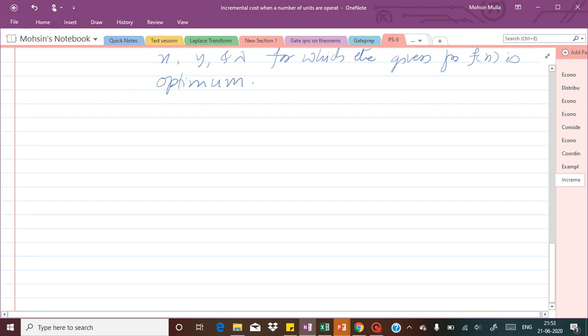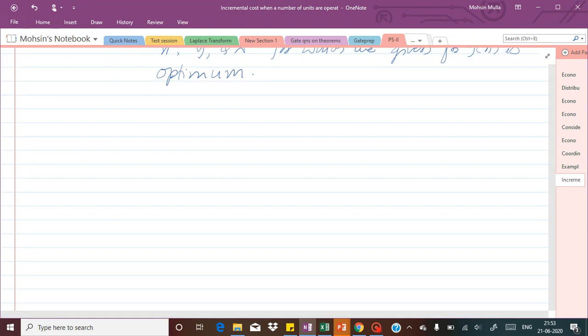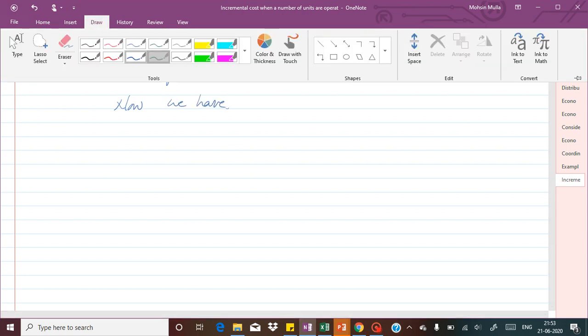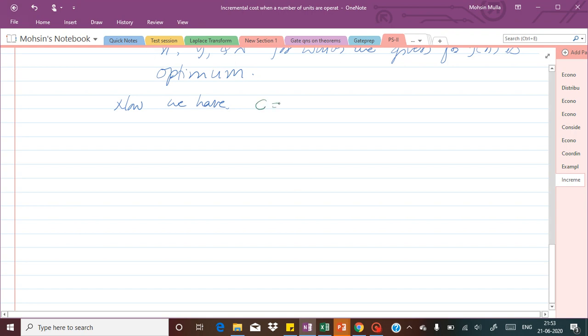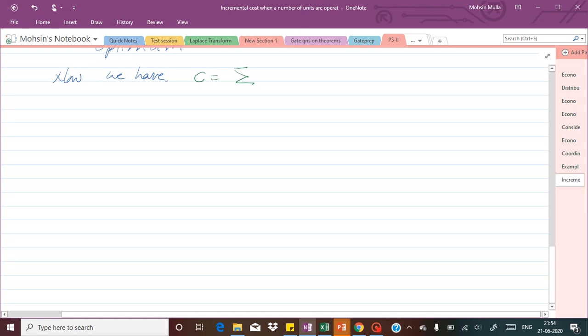Now let us use this technique on our given function, that is the cost whatever we have written, C equal to summation of i equal to 1 to n of Ci Pgi.